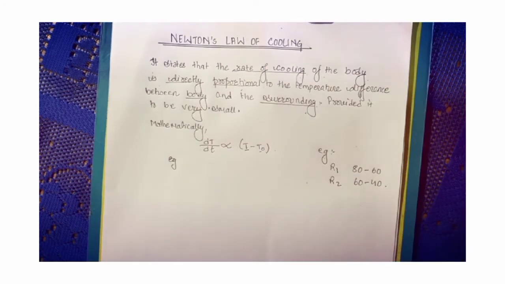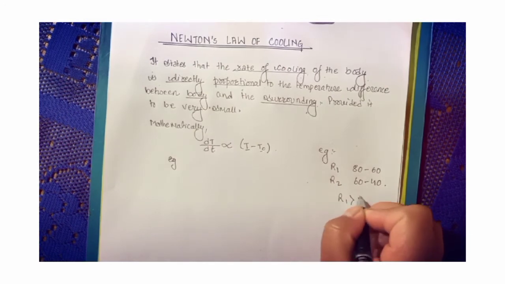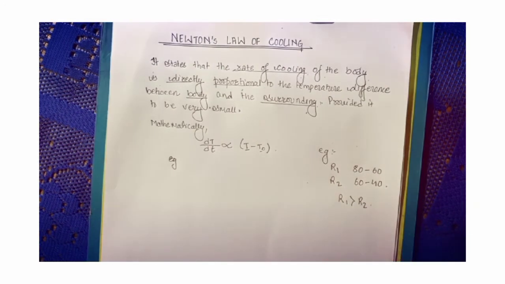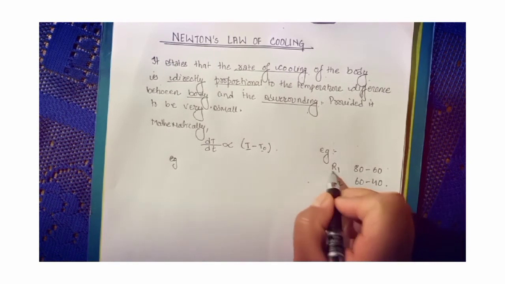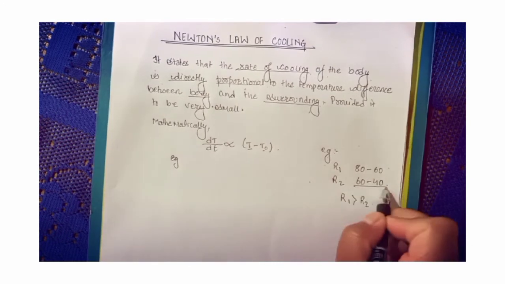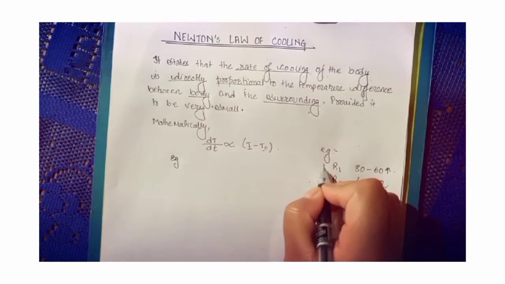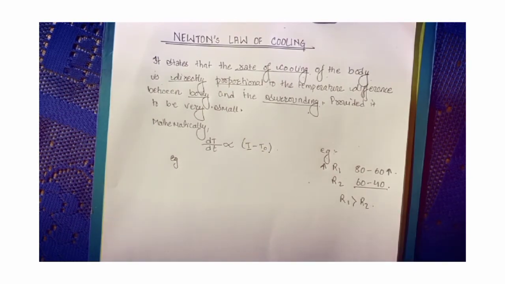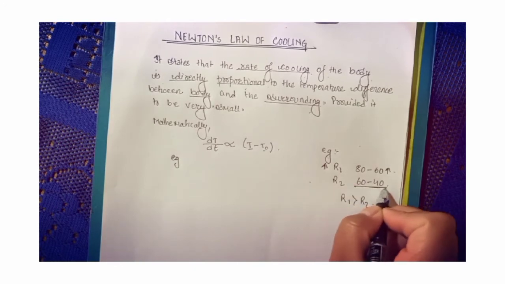What it actually conveys is that R1 is greater than R2, meaning the greater the temperature, the rate of cooling will be higher as compared to low temperature. If the temperature is high, the rate of cooling will also be high as compared to low temperature.